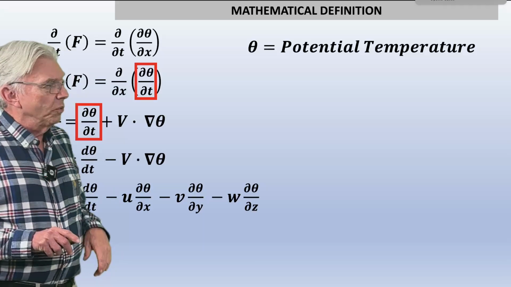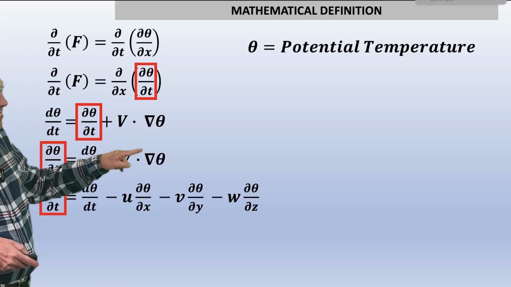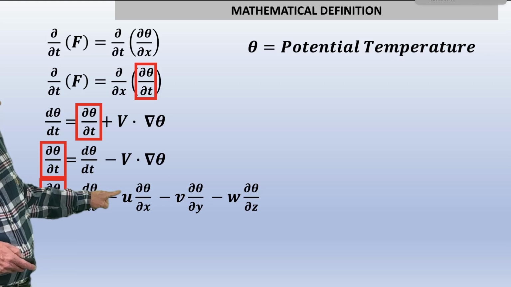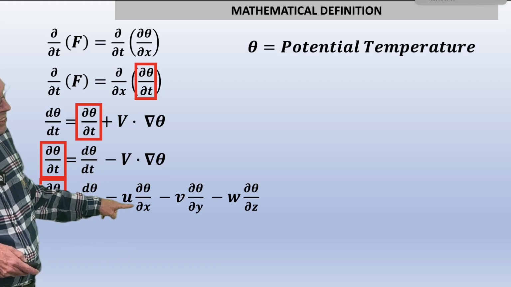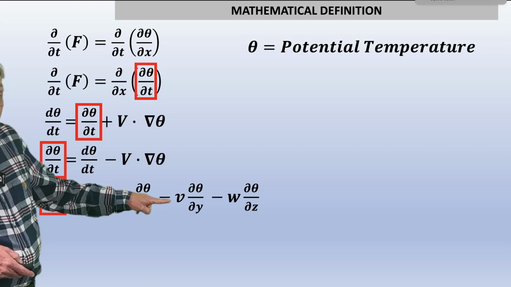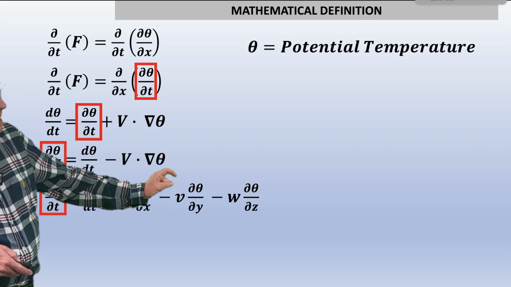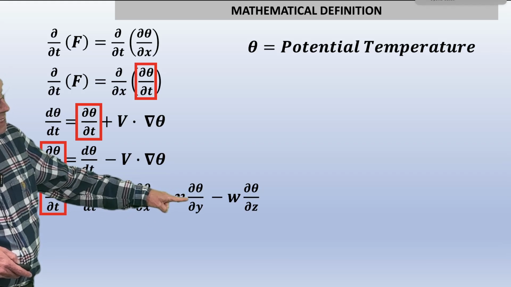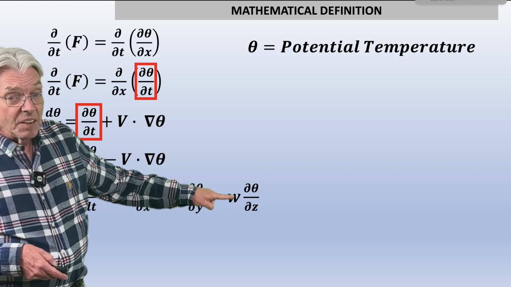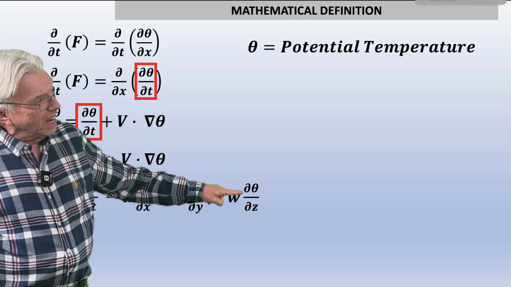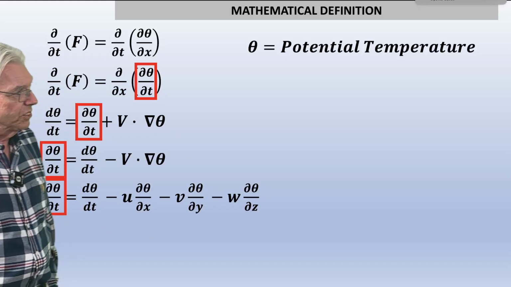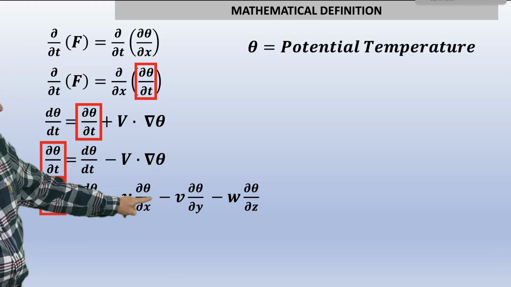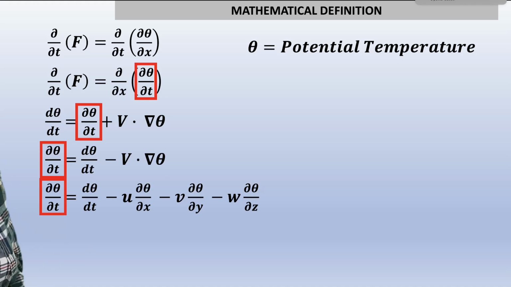Okay, so you can expand this out, this advection term, to the U component times how the temperature is changing along the x-axis, plus the V component, the south-north component, times the temperature change over the y-axis, and then the up and down motion times how the temperature is changing in the vertical along the z-axis, okay? So this is just an expansion of this term right in here.